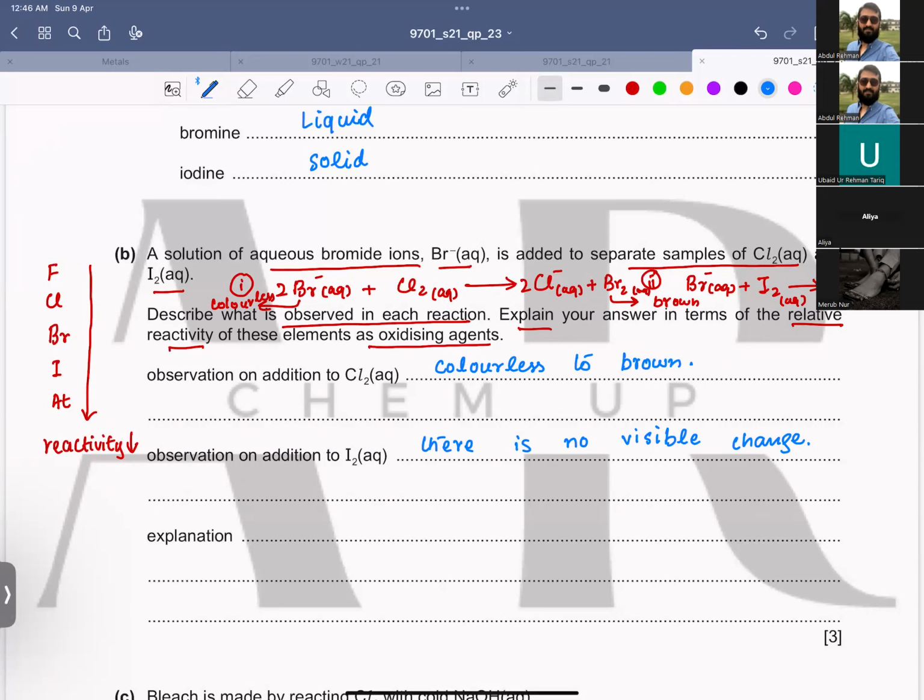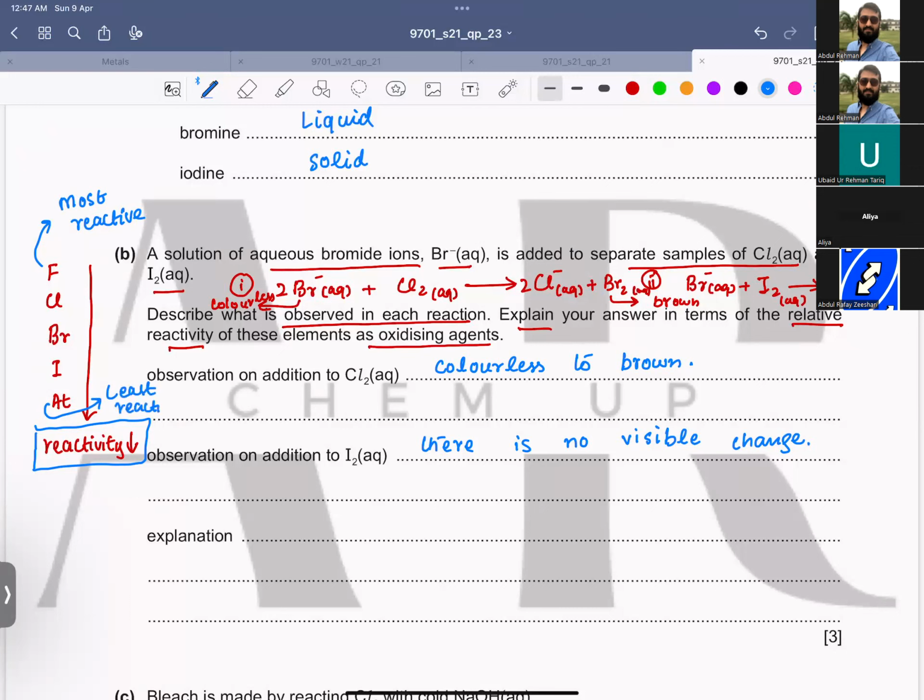Now, the explanation. Okay, Abdurrafe, the trend is that the reactivity decreases down the group, which means I can say the top is the most reactive element and the bottom is the least reactive, right?